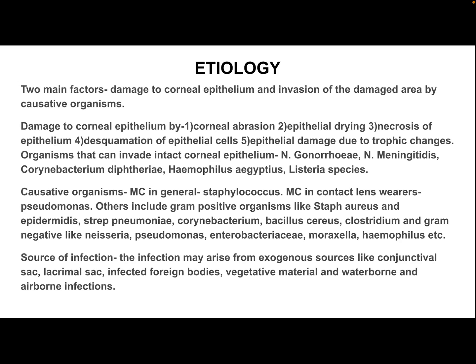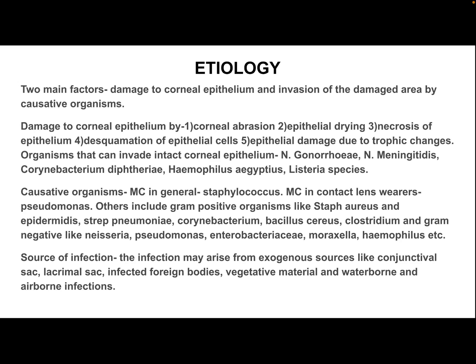Now, how are these causative organisms reaching the epithelial defect? They can arise from exogenous sources, or they can come from the conjunctival sac or the lacrimal sac itself, because they may be infected and waiting for some defect in the cornea so that they can come and invade there.